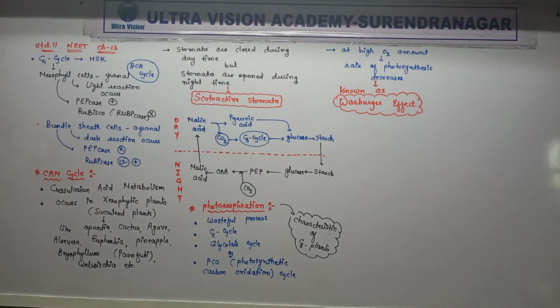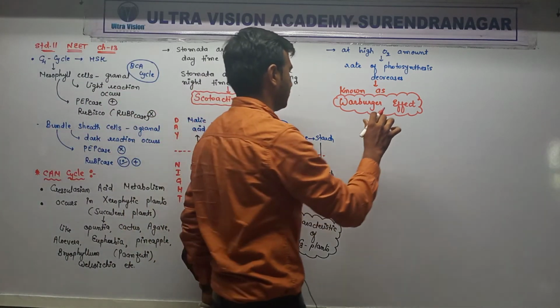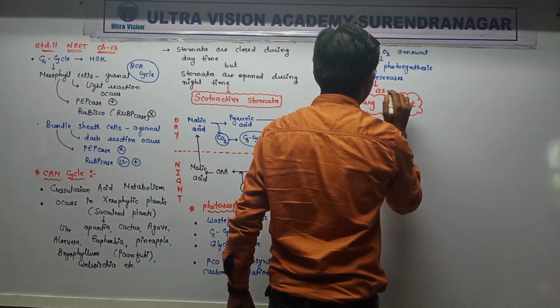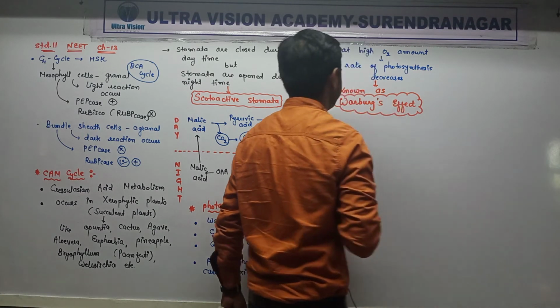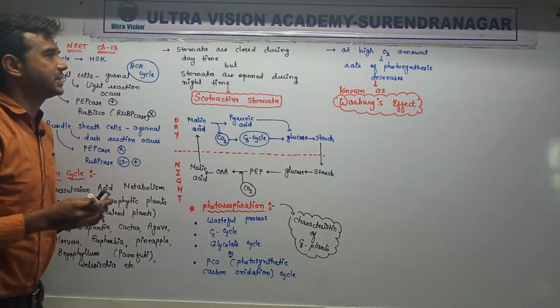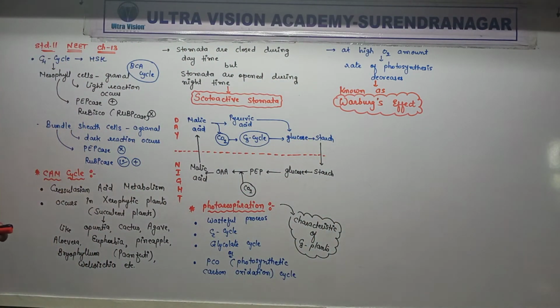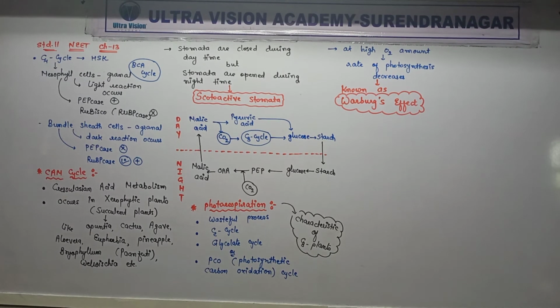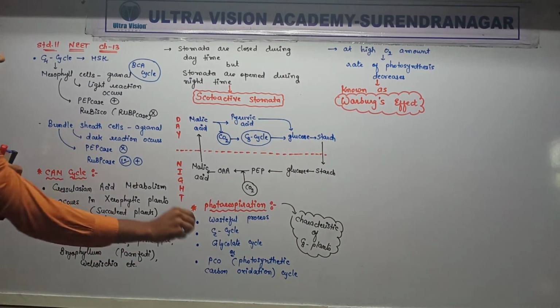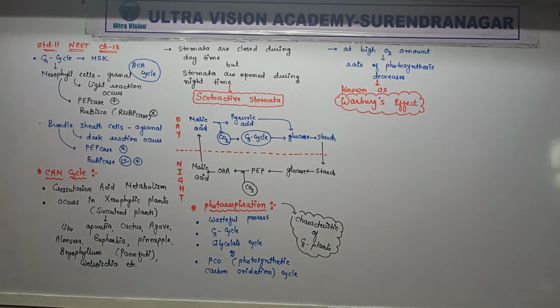At a high amount of O2, the rate of photosynthesis decreases. It is known as Warburg's effect.